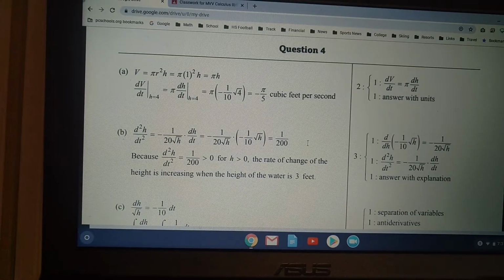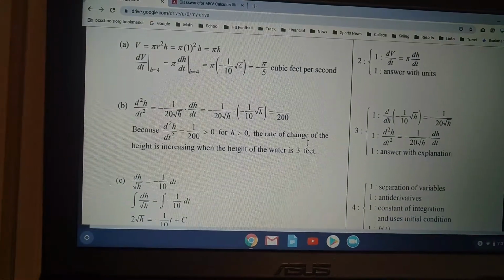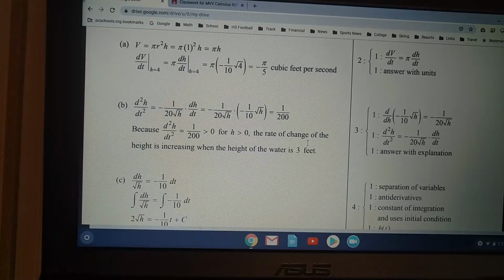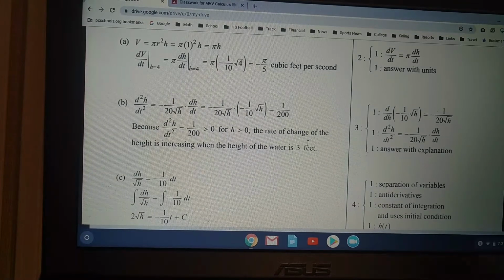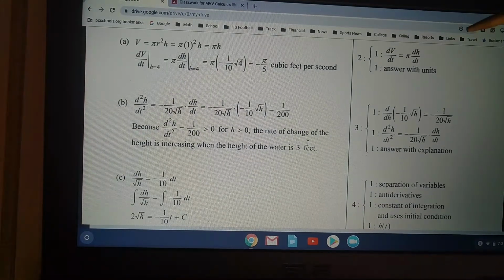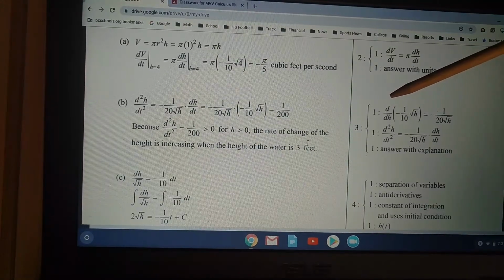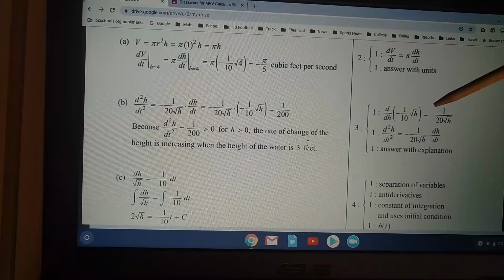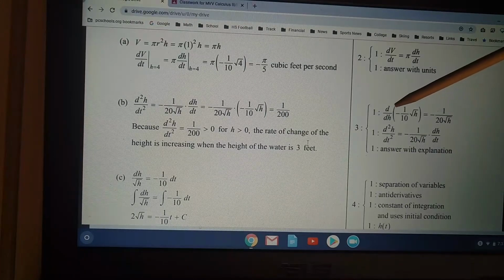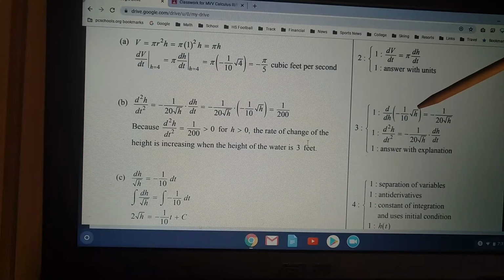Part B. There were a number of ways that students got into trouble on this. It's worth 3 points. Your first point was taking the correct derivative with respect to h, which was negative 1 over 10 radical h.